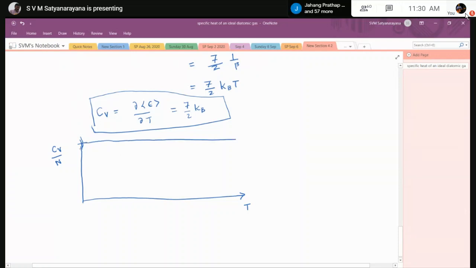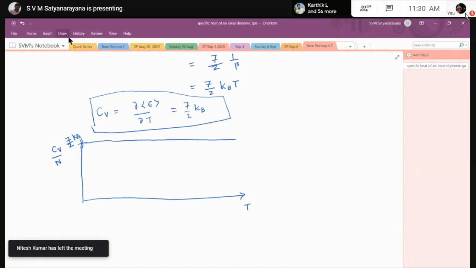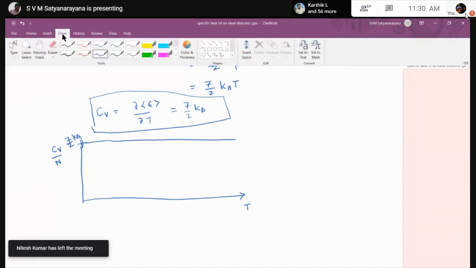This is our specific heat result, and this value is 7 by 2. We have looked at it from the equipartition theorem as well as from the classical statistical mechanics calculations.